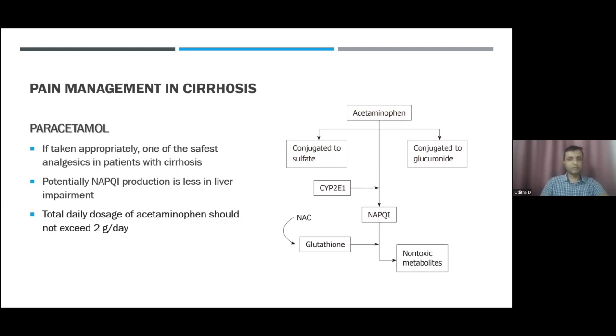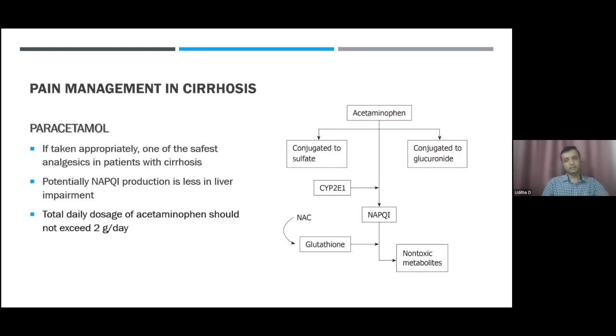But funnily enough, we know that this compound called NAPQI is the one that causes the toxic damage to the liver in paracetamol overdose. And glutathione neutralizes the NAPQI.